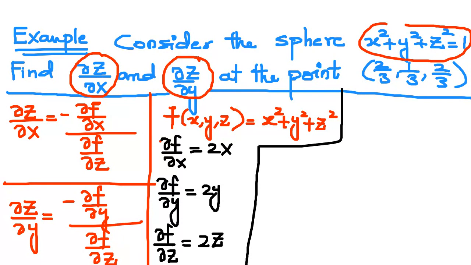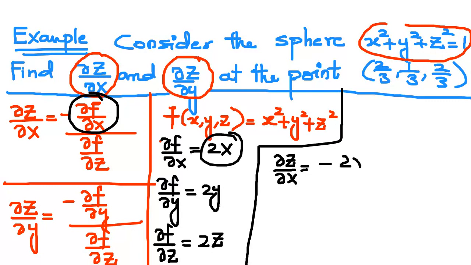Okay, so substitute these values in the formula. The partial derivative of z with respect to x is equal to negative the partial derivative of f with respect to x, that is 2x, divided by the partial derivative of f with respect to z, that is 2z.